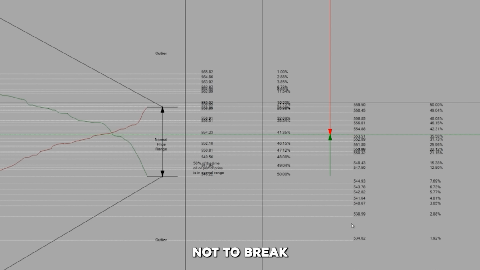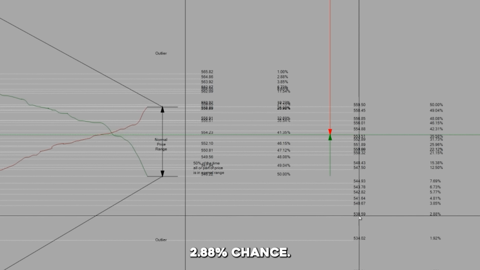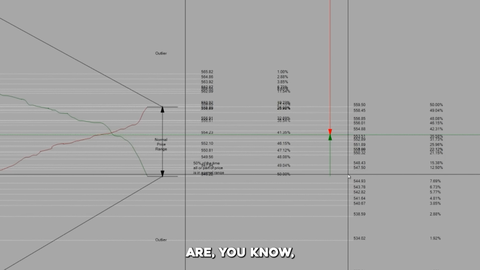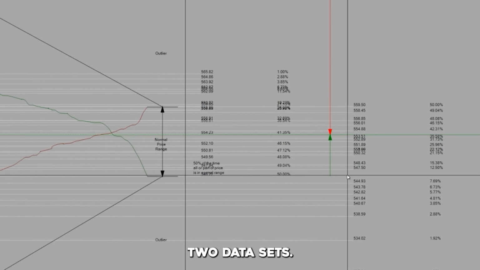See it? Now to break 538.59, we have a 2.88% chance. That's what it's trying to show. Basically, it's showing odds for the break of price, and whether it sustains or not. And where you see these two data sets intersecting, that is the normal price range.